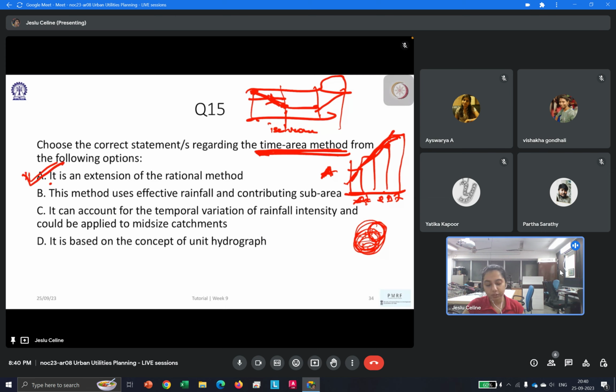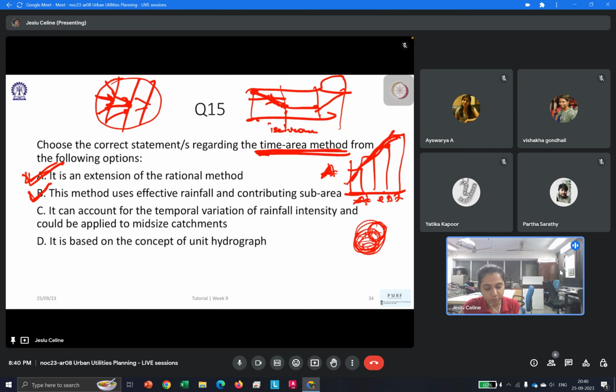Now, this method uses effective rainfall and contributing sub-area. Yes or no? Yes. You have the effective rainfall area, which is your overall area, and then you subdivide it. This sub-area is contributing this much, and the next sub-area is contributing this much after that.